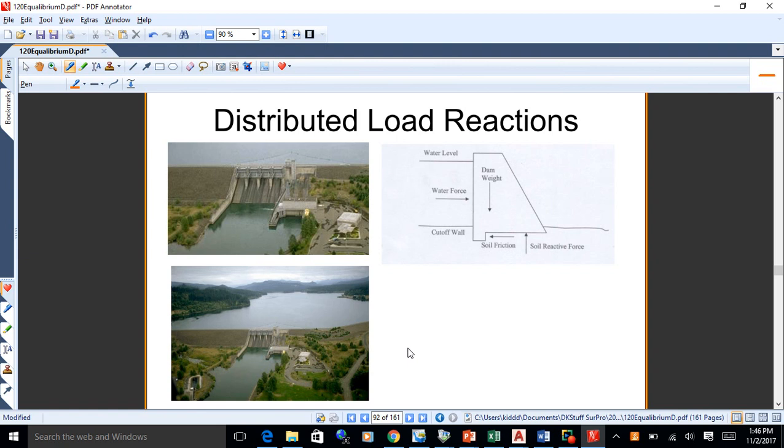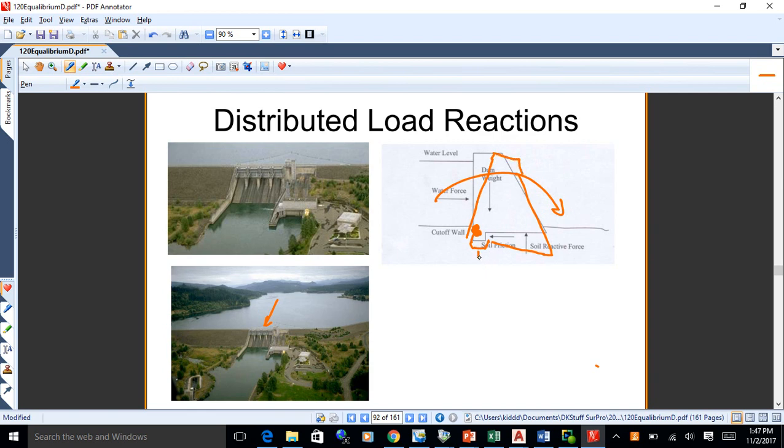What's going to happen with this dam is you're going to get the force of the water pushing on the dam like that, and that's going to tend to take the whole dam and rotate it that way. So the soil is going to push back. Quite often an assumption you make is you've got a pin joint on the dam, and the whole dam itself rotates like that. I'm exaggerating, of course, how much it would rotate, but that's the assumption.